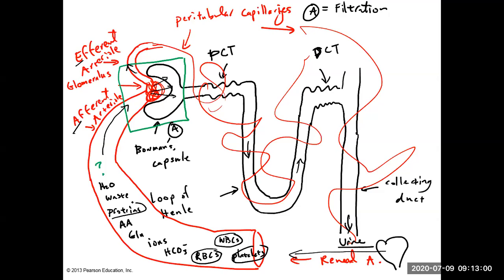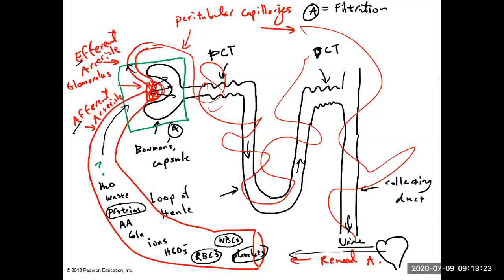Proteins. Now, there are some proteins that are small, but the majority of the proteins are too large. They might play important roles: hemoglobin, enzymes, antibodies in our blood, those types of things. For the majority, a lot of larger proteins cannot pass.